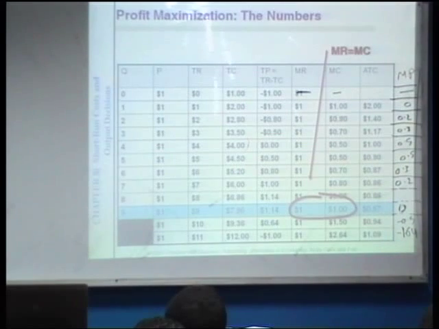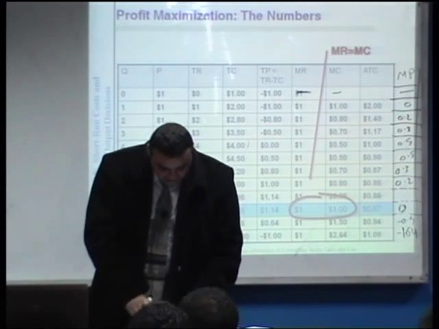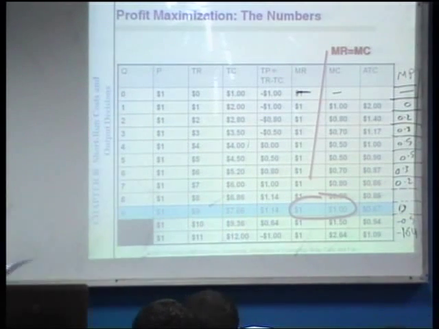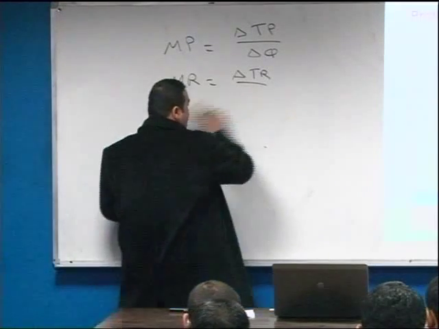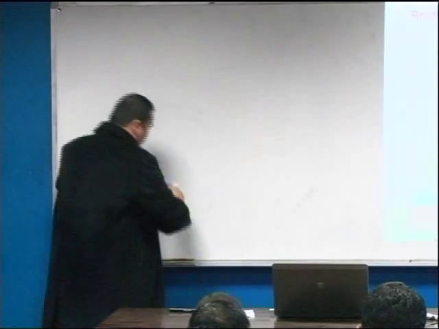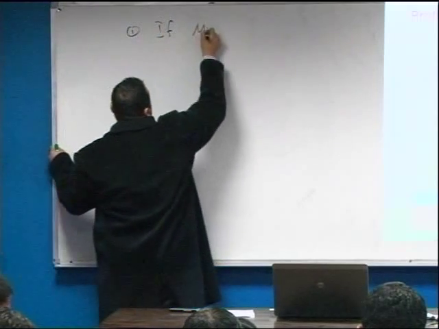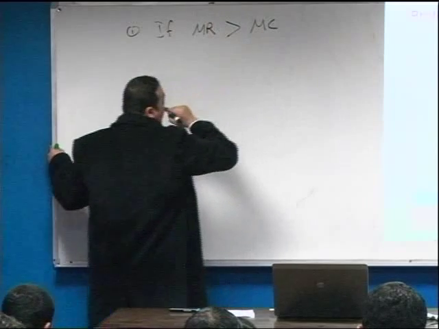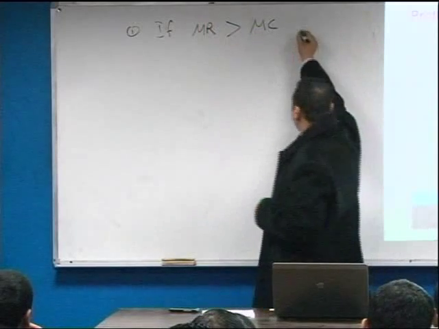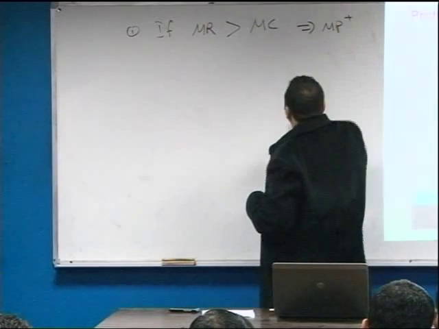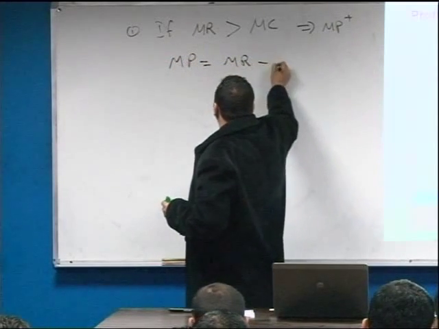Right? So we have three conditions. If MR is larger than MC, is MP positive or negative? MP is positive, because the marginal profit equals marginal revenue minus marginal cost.